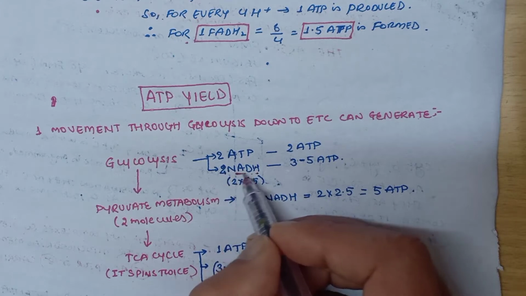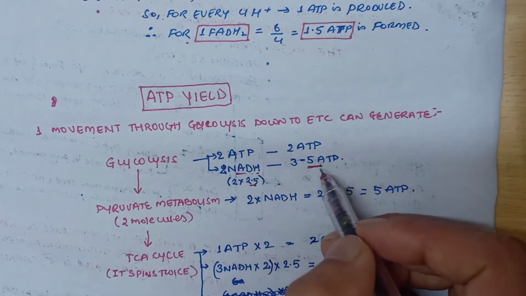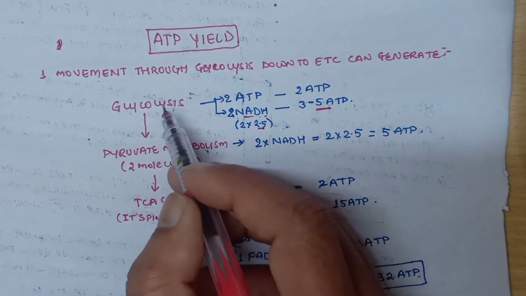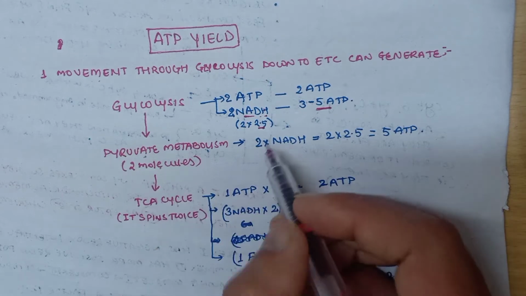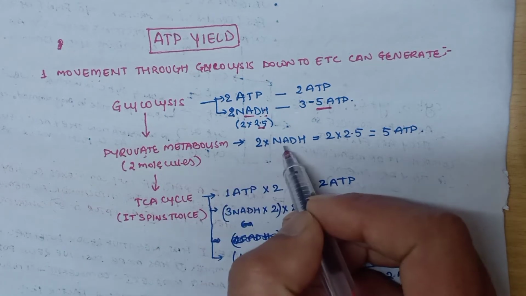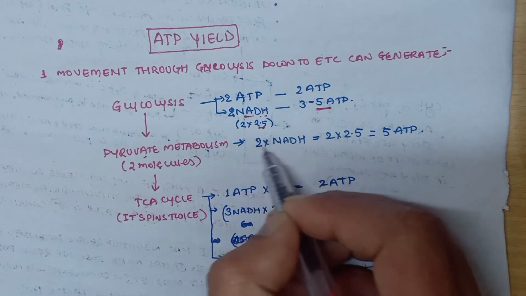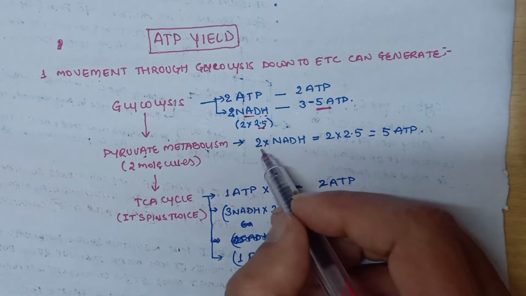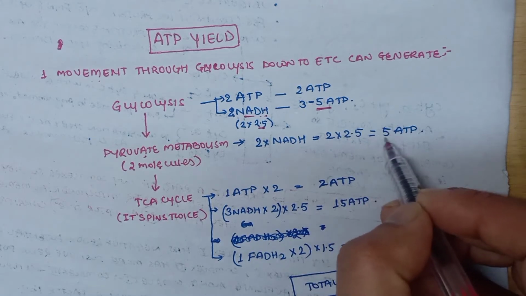So 2 molecules of NADH give a total of 5 ATP. In glycolysis 1 molecule of glucose gives 2 molecules of pyruvic acid, which form 2 NADH, so we get 2 into 2.5 ATP, a total of 5 ATP.